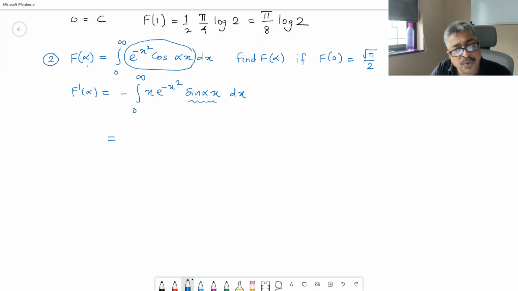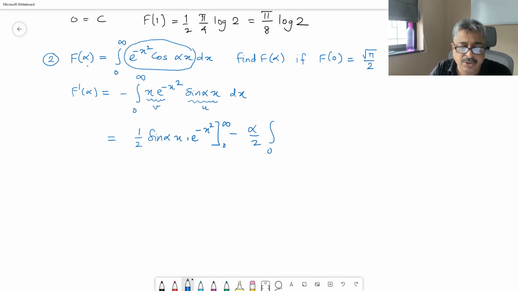So this is u and this is v, because antiderivative of x e raised to minus x square is easy, and therefore u into v, you end up getting first term as half sine alpha x into e raised to minus x square to be evaluated between 0 to infinity minus alpha by 2 integral 0 to infinity e raised to minus x square cos alpha x dx.